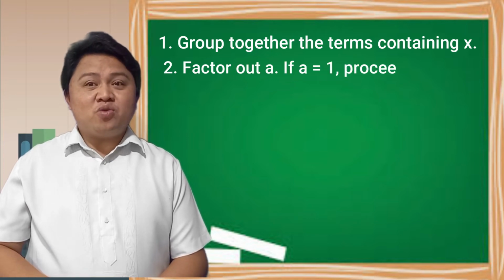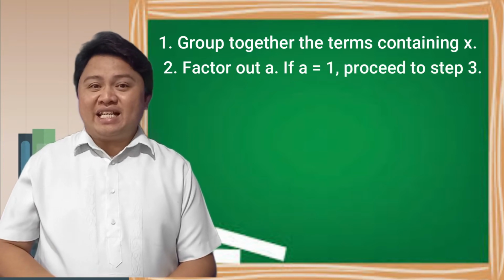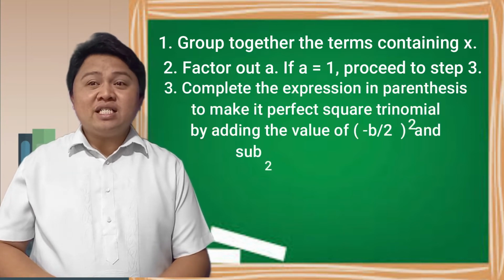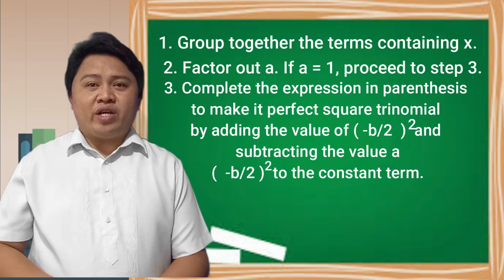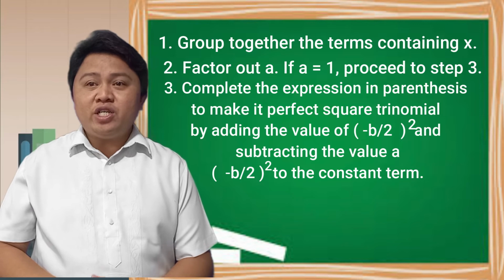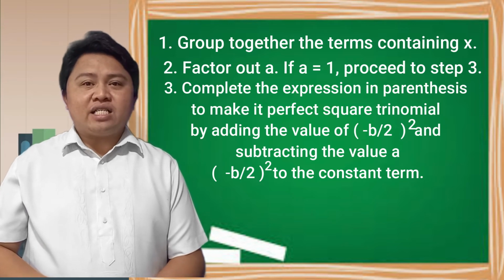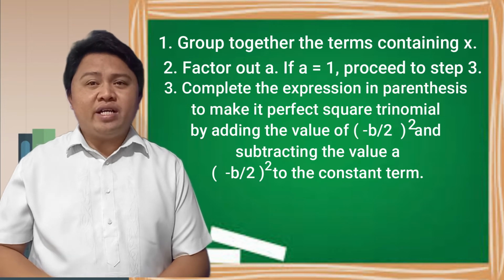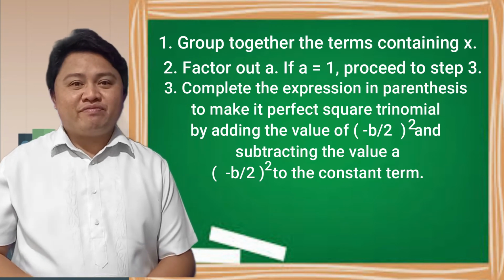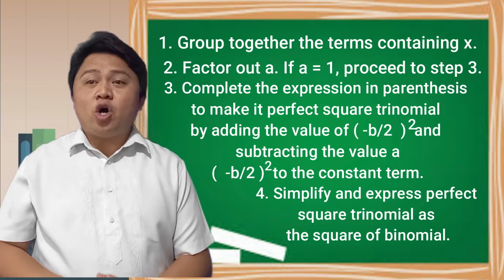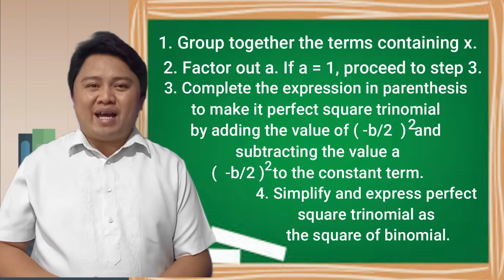If a is equal to 1, proceed to step 3. 3. Complete the expression in parentheses to make it a perfect square trinomial by adding the value of negative b over 2 squared and subtracting the value of a times negative b over 2 squared to the constant term. And 4. Simplify and express the perfect square trinomial as the square of a binomial.